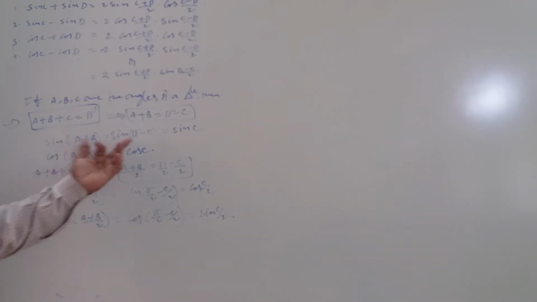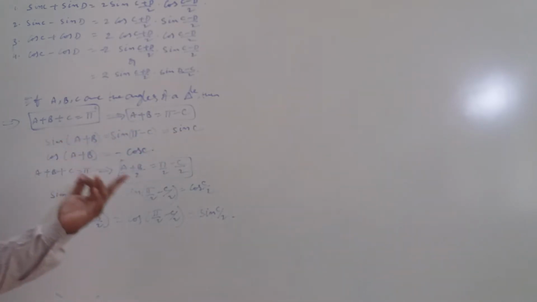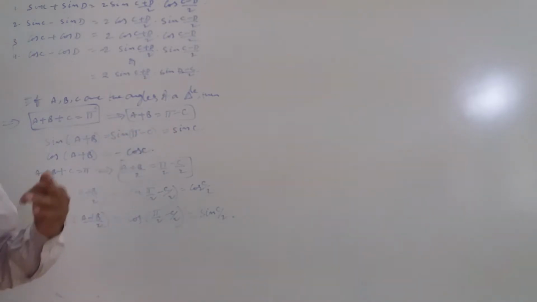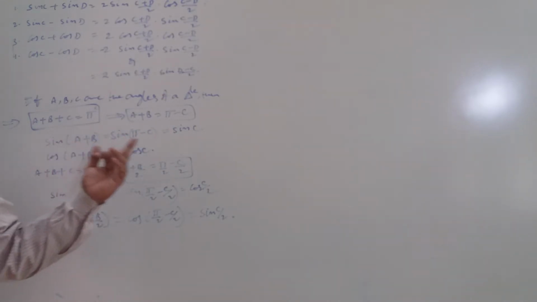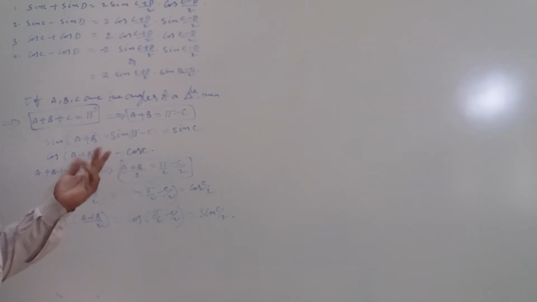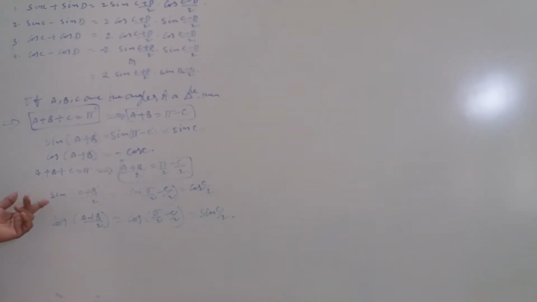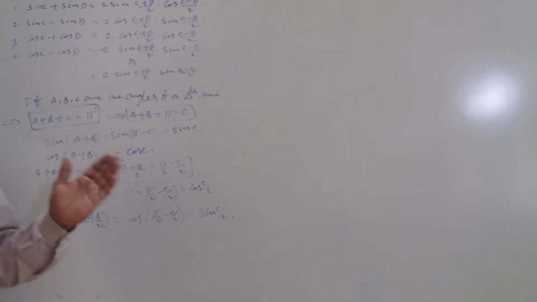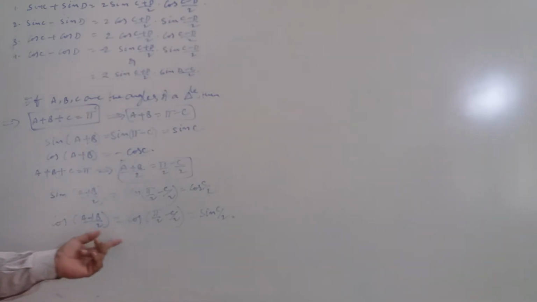Similarly, sin (A plus B) is equal to sin C, sin (B plus C) is equal to sin A, sin (C plus A) is equal to sin B. Similarly, sin (A plus B)/2 is equal to cos C by 2, sin (B plus C)/2 is equal to cos A by 2, and sin (C plus A)/2 is equal to cos B by 2. Similar to this, we also have to take other cases.